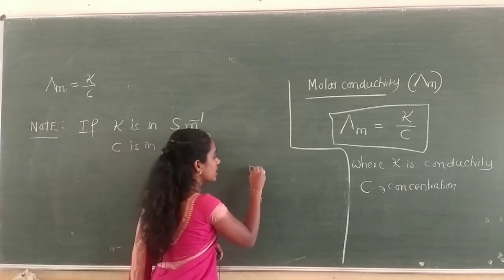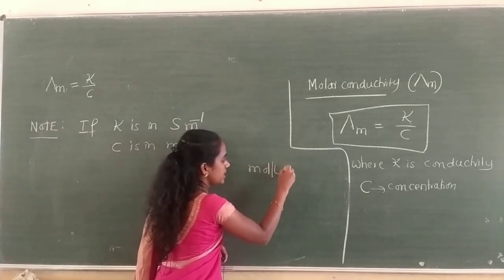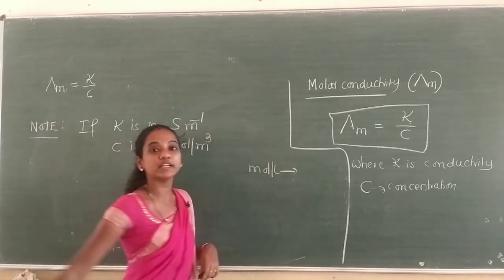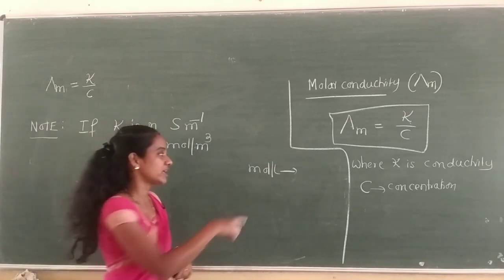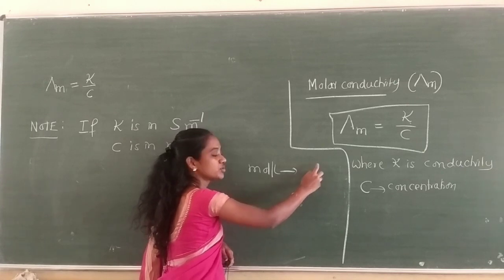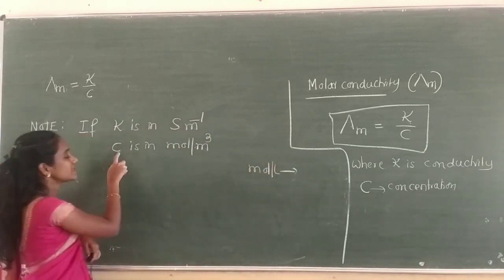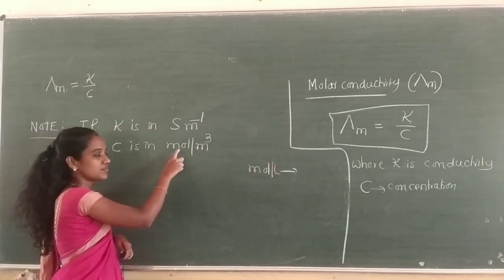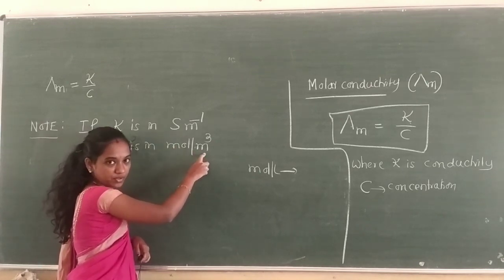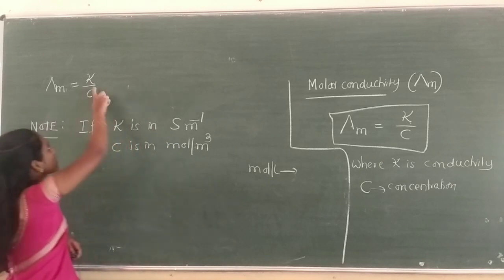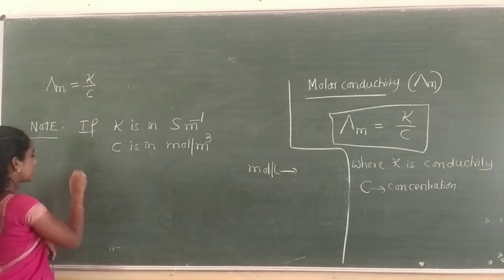See, mole per liter, what does it mean? For 1 liter, 1000 ml, which is equal to 1000 cm cube, we can convert centimeter cube to meter cube. So if the concentration is given in terms of mole per meter cube, then what is the unit of molar conductivity?